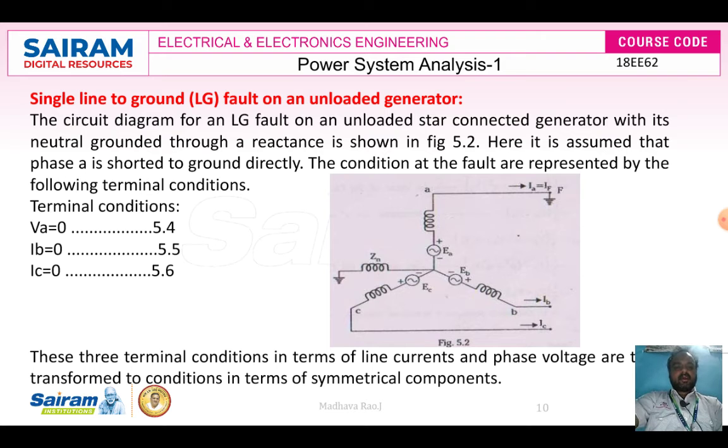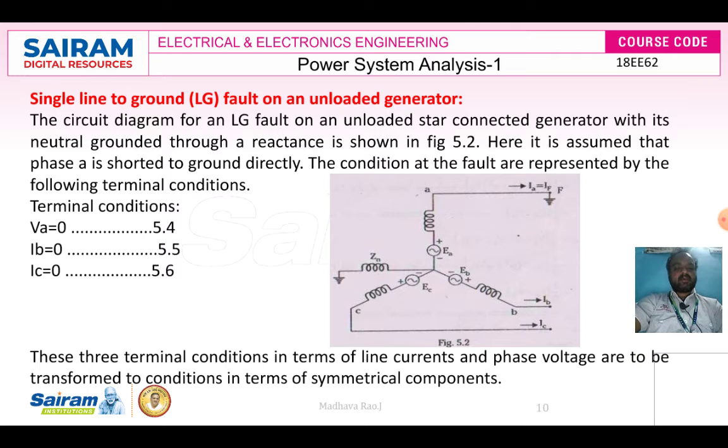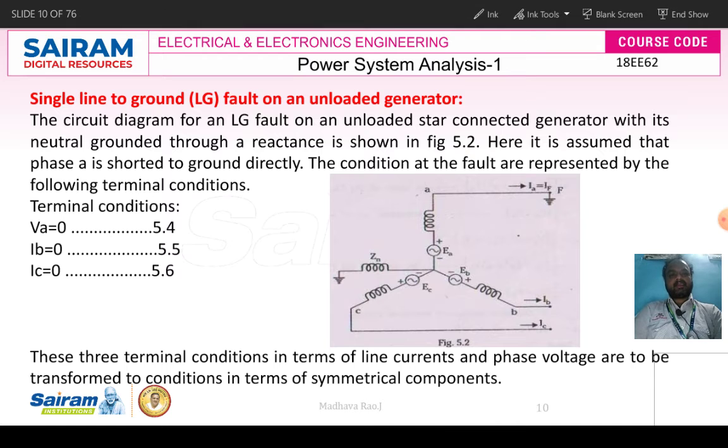When an LG fault occurs in a synchronous generator in unloaded condition, there is no load on the synchronous generator. Here the fault occurs at line to ground, as we can see in this diagram.